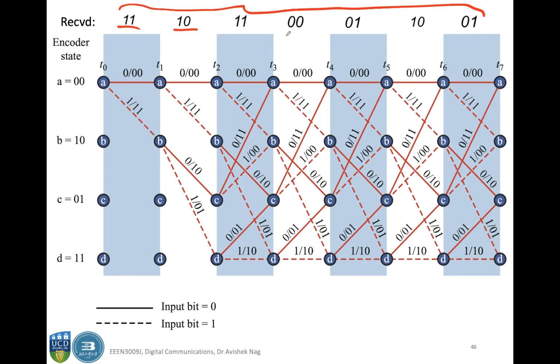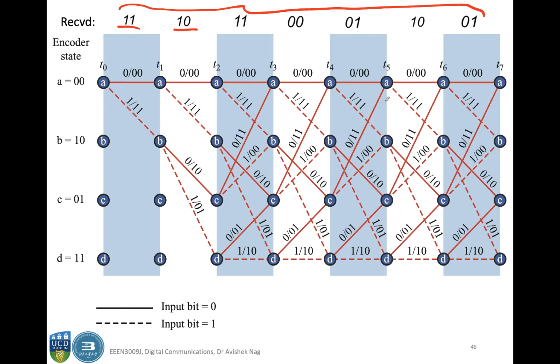If you want to decode this and find out the original message by applying the Viterbi algorithm, then what will be the procedure? So let's see. I will explain the Viterbi algorithm with this trellis diagram, and I will show you how this received code word is decoded.